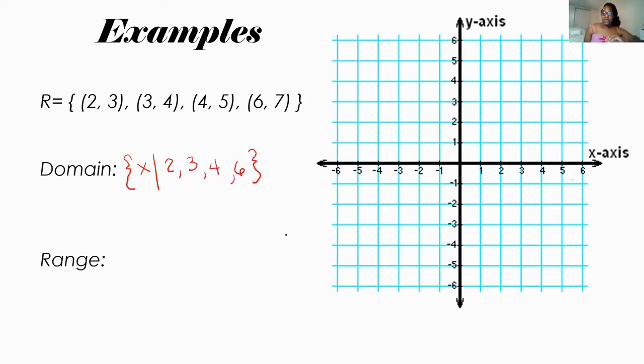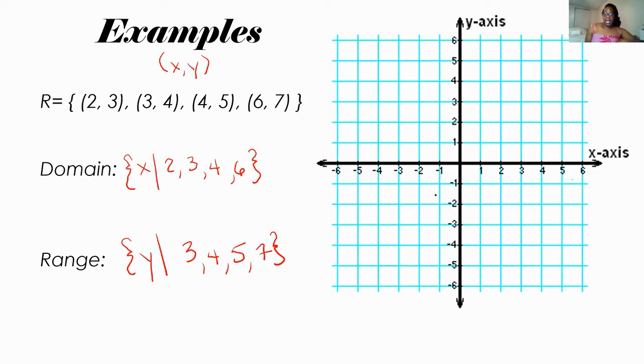So when you list out your domain, you have to list it as a set, okay? So now if I do my range, I have my set of Y's such that, and I'm listing out my Y values. So I have 3, 4, 5, and 7. So my X values, if I write it like this, we got X comma Y. So my X values always come first and my Y values come next, okay?